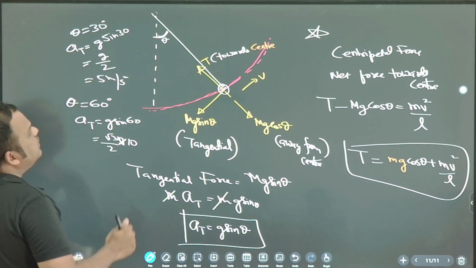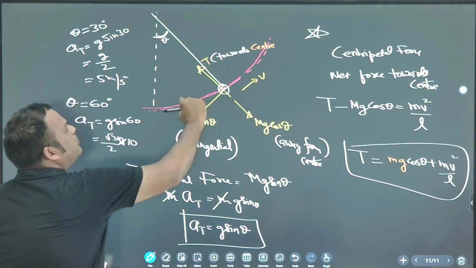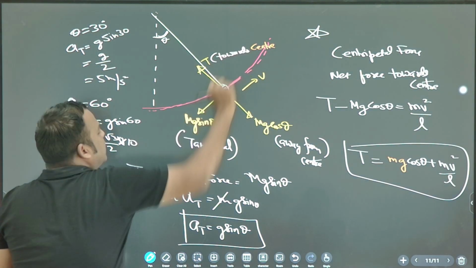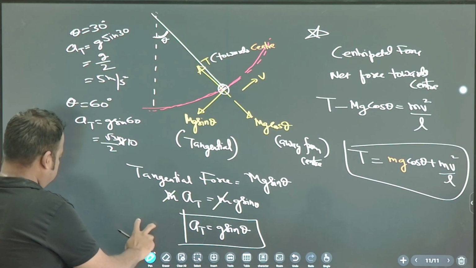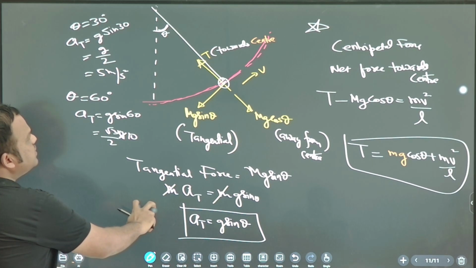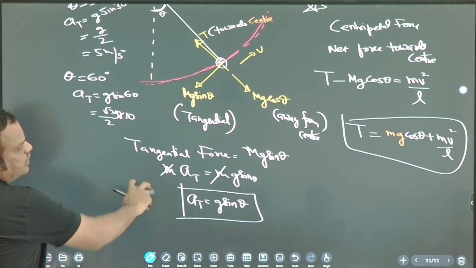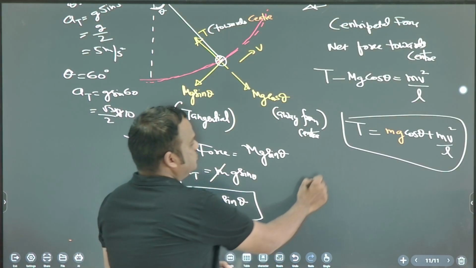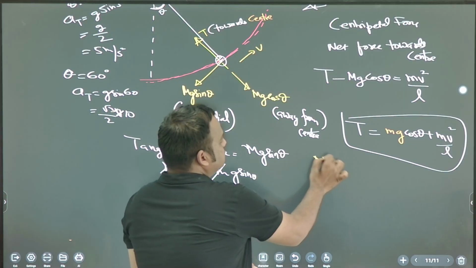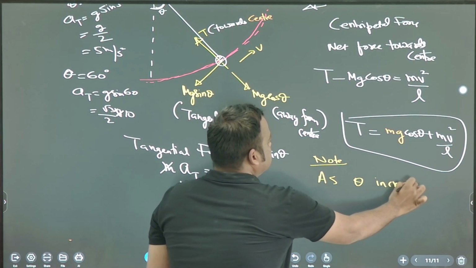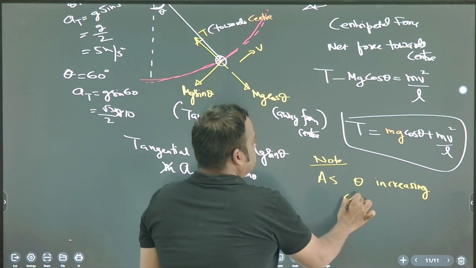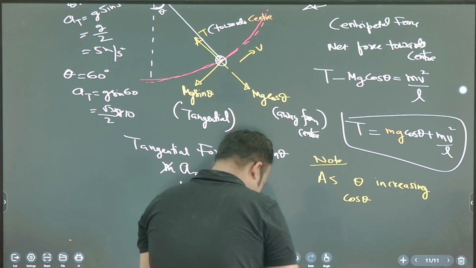Now you tell me, as the ball is going up, is theta increasing or decreasing? As the ball is going up, theta is increasing. So as theta increases, does cos theta increase or decrease?